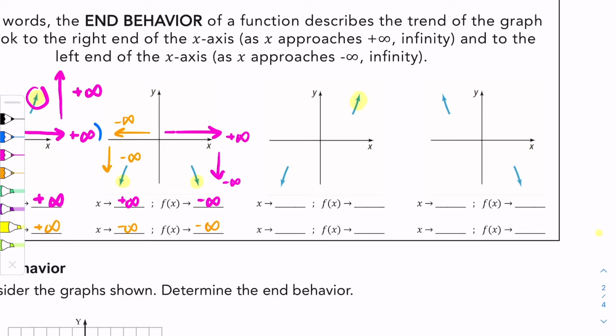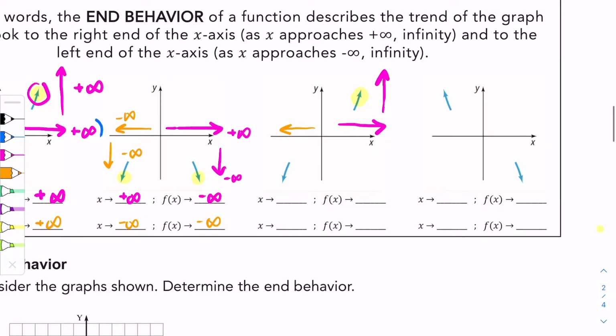The third example, as x heads towards positive infinity, the graph is heading up towards positive infinity. And as x heads towards negative infinity, the graph is heading down towards negative infinity.